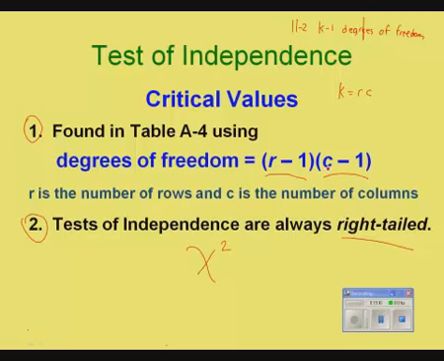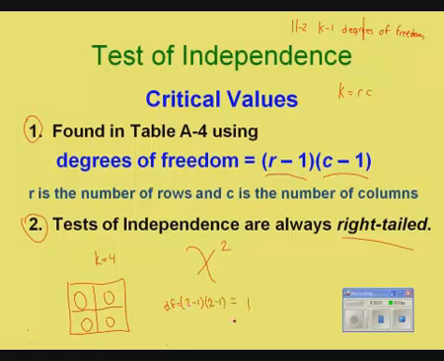For example, in the chapter problem, here's what we have. This is the Gilbert thing. It's a 2 by 2, right? So there are 4 categories. K is 4. But how many degrees of freedom would you use? 1, because you're going to do 2 minus 1 times 2 minus 1.